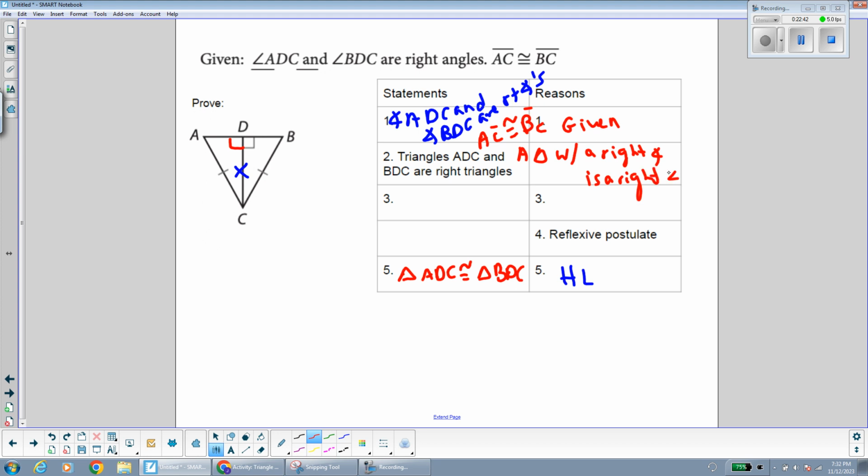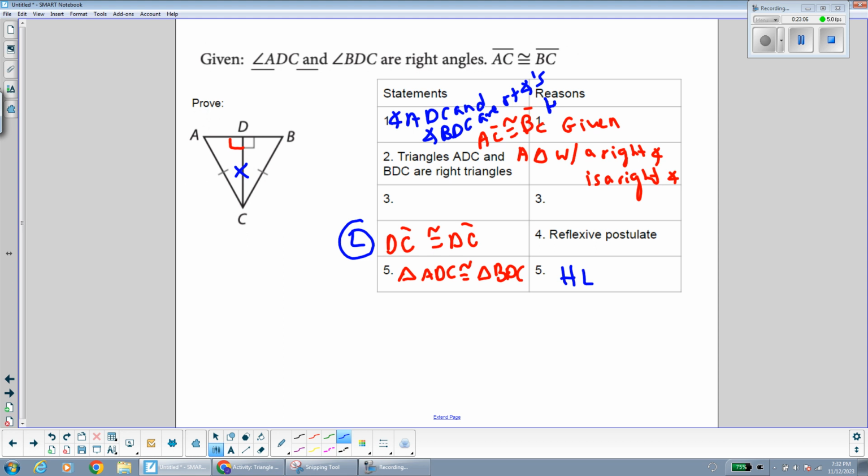And we already established that there are right angles here because that was given to us. Okay, now we need the rest of the information that we need for HL. So I see a reflexive postulate here. So that is DC congruent to DC. So that's the leg that we're using.